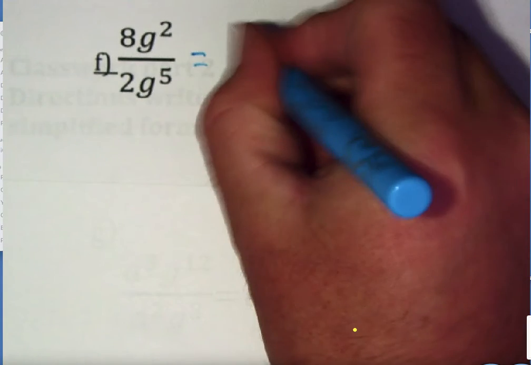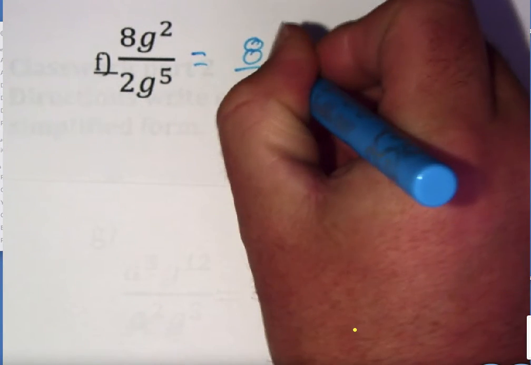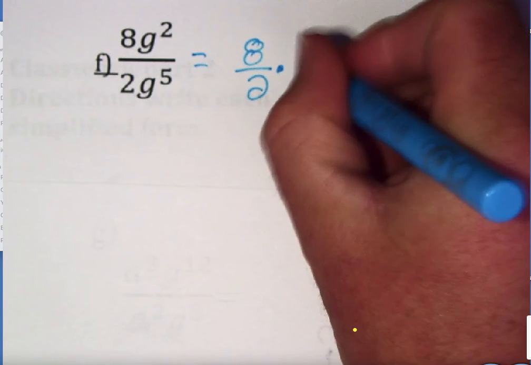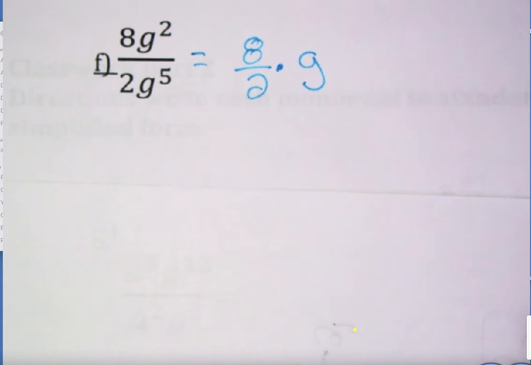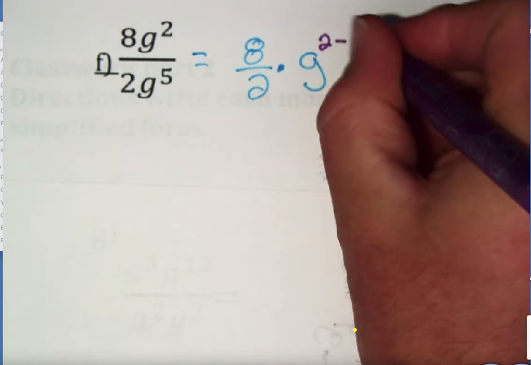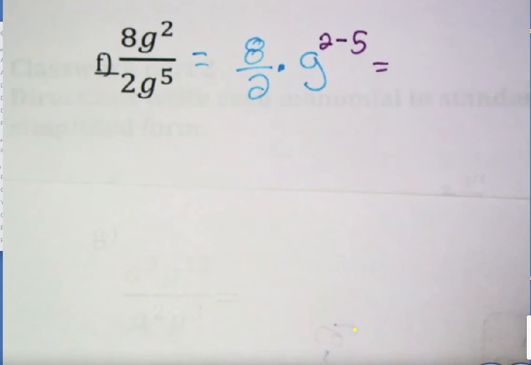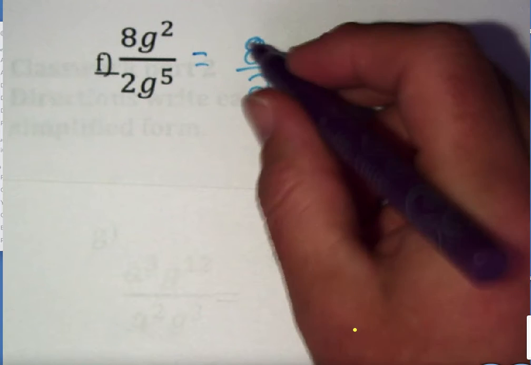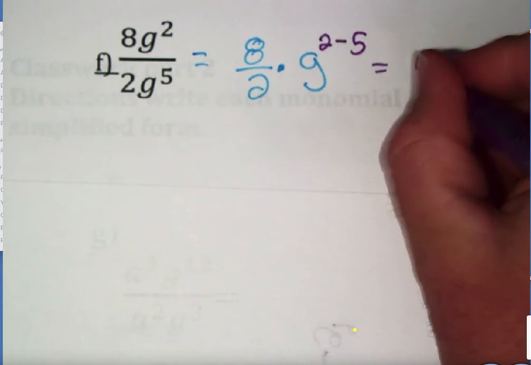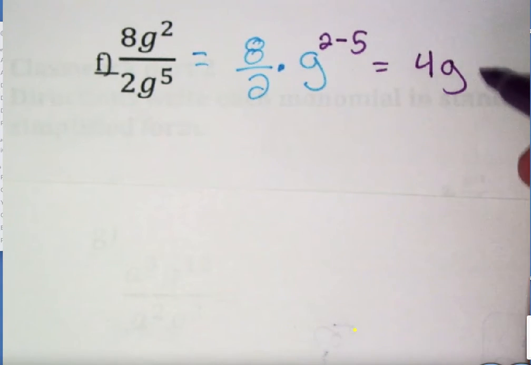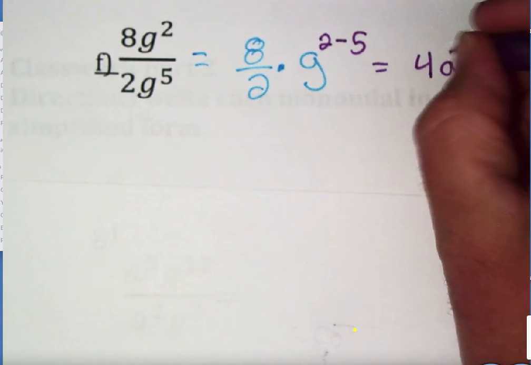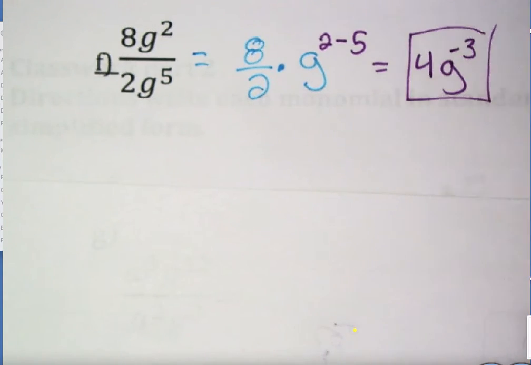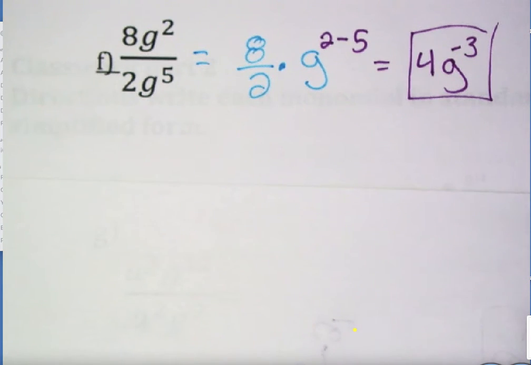So, we're going to do 8 divided by 2 times, we're dividing by the same base, g, numerator exponent minus denominator exponent. 8 divided by 2 is 4. And what do we get? Well, what's 2 minus 5? Negative 3. You nailed it. Mr. Moran, there's negative exponents. Yes, there are. We'll get into it. But for now, we're just following our rule.